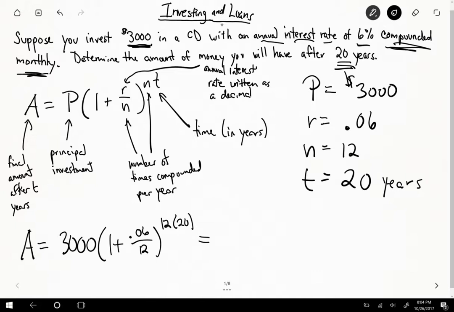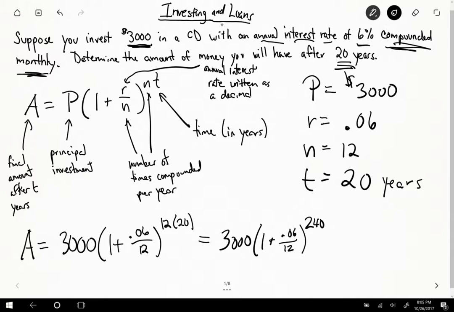Now we need to punch this into the calculator. What do we do here? What I would suggest is actually doing what's inside the parentheses first, and then you can also figure out what this value is, so it might be easier. We'll have 3,000 and I'll put 1 plus 0.06 divided by 12, and then 12 times 20. Notice you can just multiply 12 and 2 is 24, and then you add the extra 0 there, so that's going to be 240.